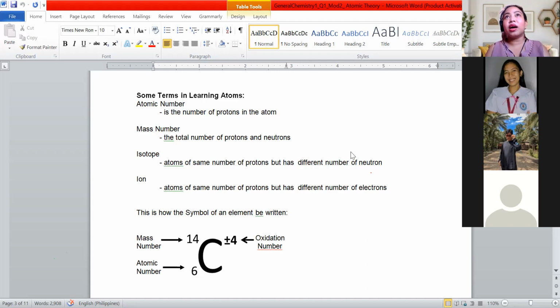Earlier, Thomson determined the electron because the electron leaves the atom. Rutherford determined the proton because it was trapped in the nucleus. James Chadwick discovered the neutron because it also came out of the atom.